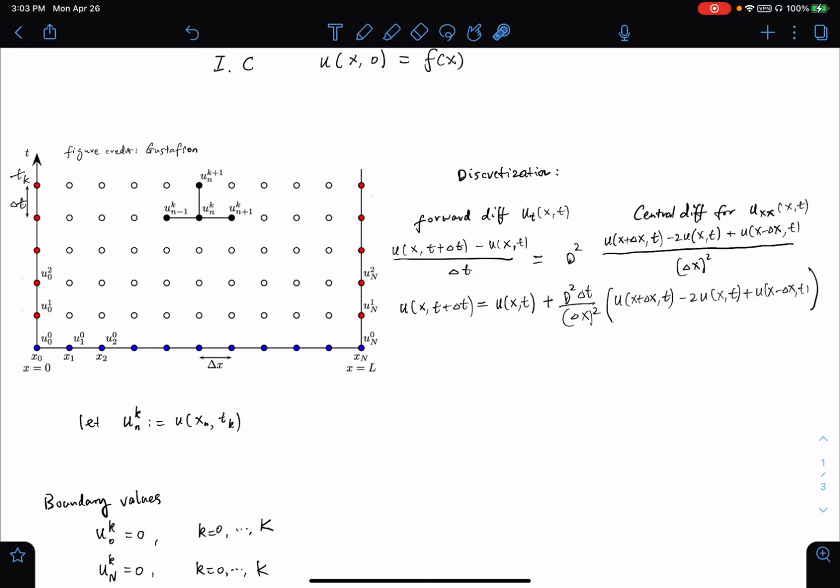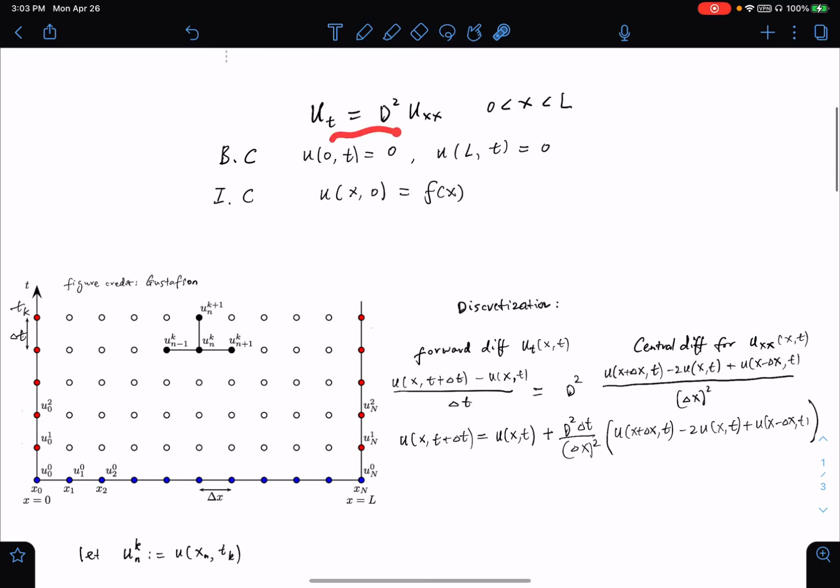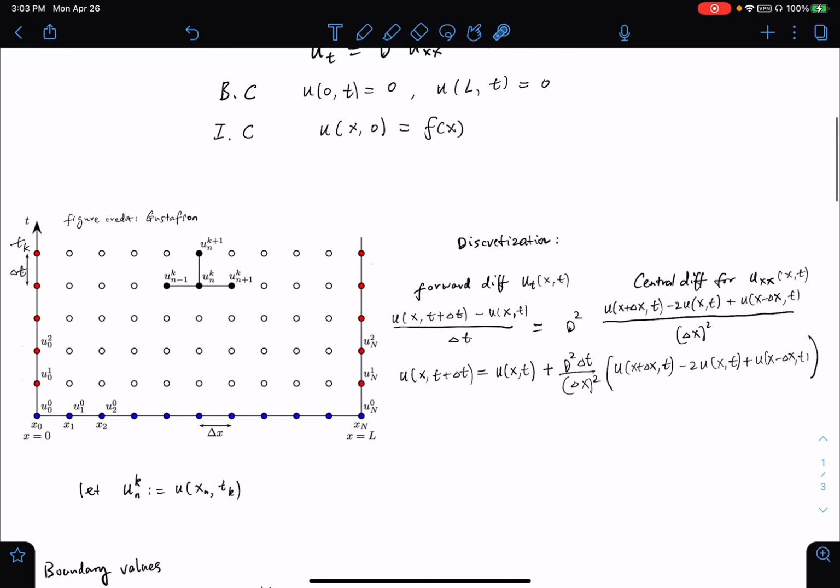What we mean by a numerical solution is that, by using our PDE, boundary condition and initial condition, we can generate the temperature value u at any particular time. For example, at a particular time t capital K, we would like to know the values at all the locations on the grid. This is what we mean by a numerical solution.